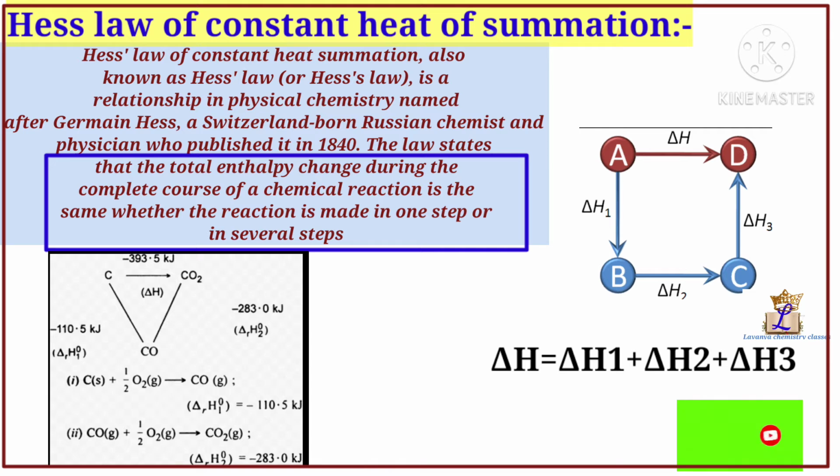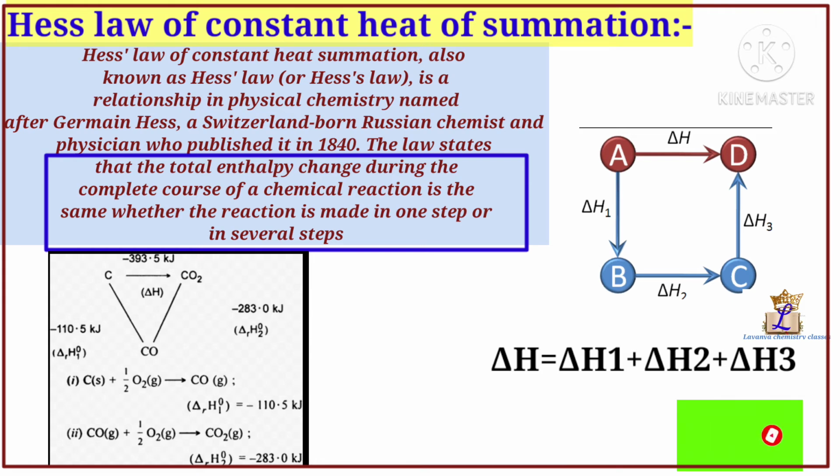The total heat change in the path is delta H. So delta H equals delta H1 plus delta H2 plus delta H3. In this relation, the terms Q equals Q1 plus Q2 plus Q3 are also used.